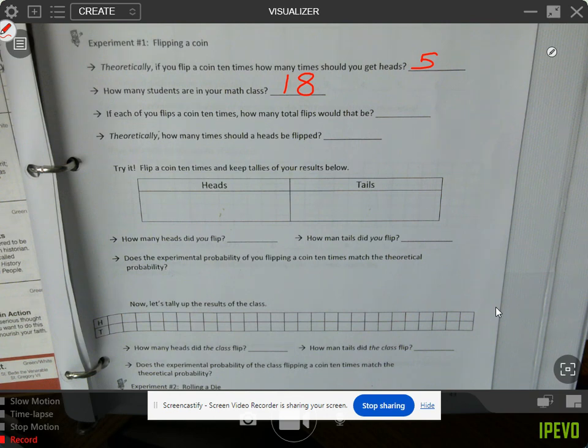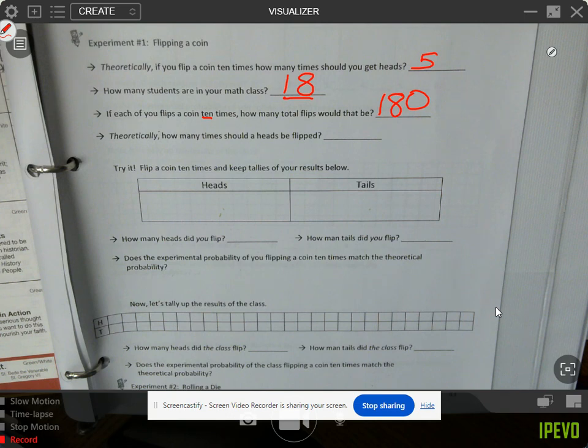If we have 18 students, and each one flips a coin 10 times, what math do I have to do to find that? Marina? I need to multiply. So what 2 numbers should I multiply, Marina? I need to multiply 10 by my 18. We will have 180 flips happening if each of us flips a coin 10 times.